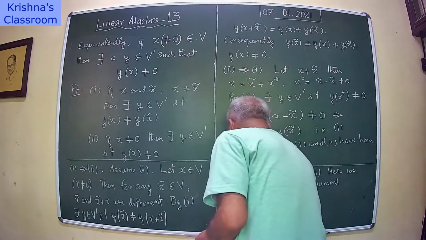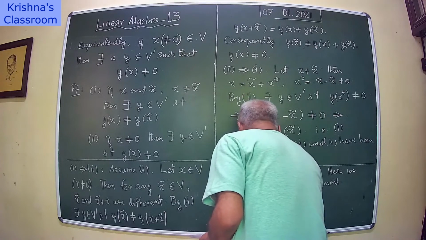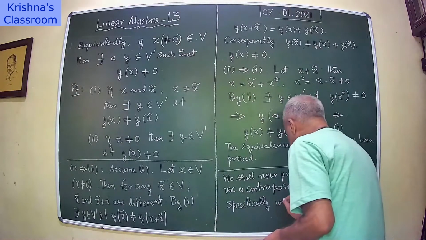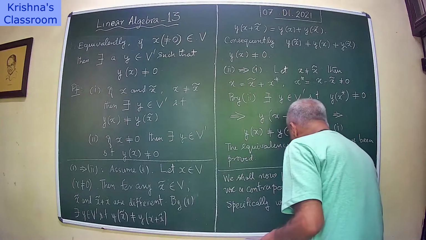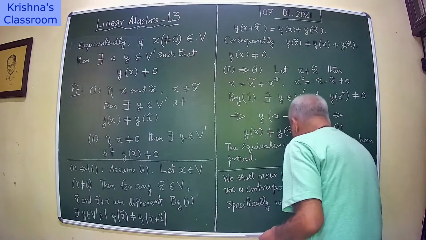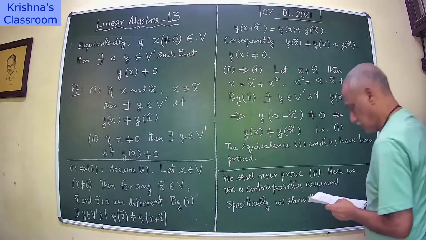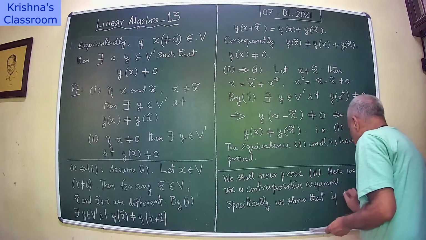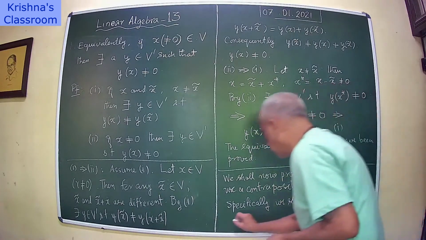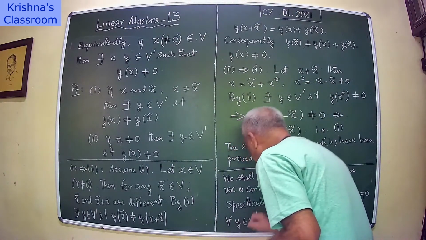Specifically, we show that if y of x is equal to 0 for every y belonging to V prime, then x is 0.